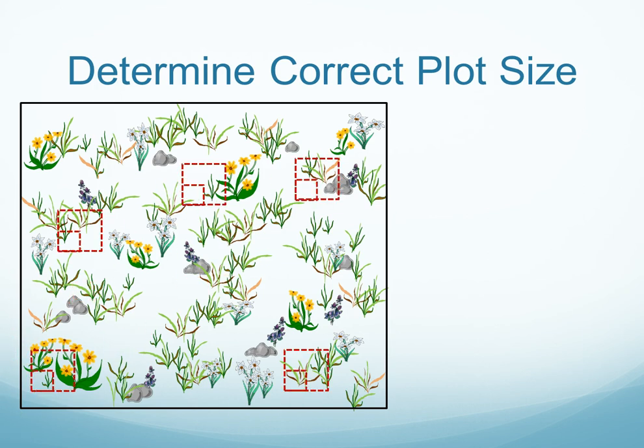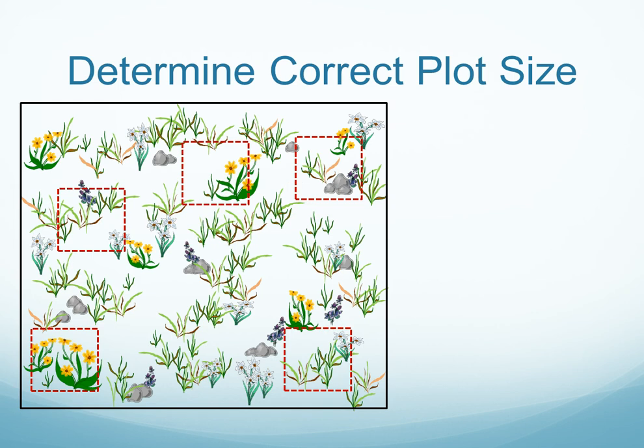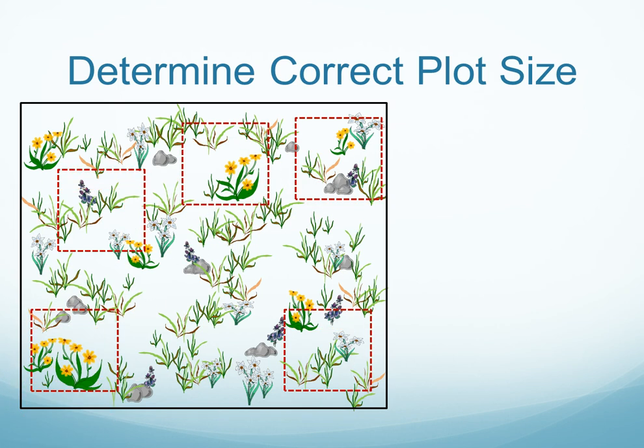What we do is we repeatedly estimate frequency using increasingly larger quadrats, and we estimate the frequency for the species that we're interested in. Now, we don't actually go out with different size quadrats. Instead, we use a nested quadrat to do this.